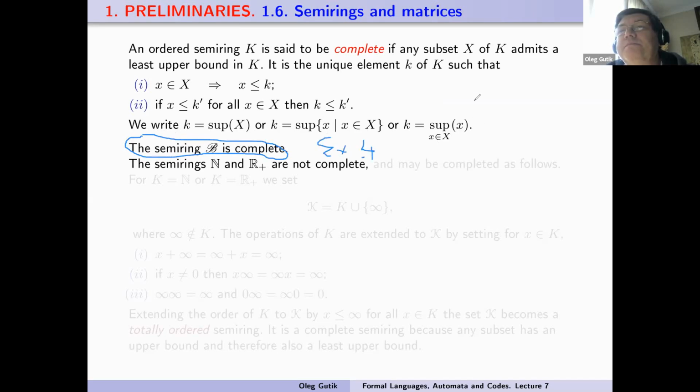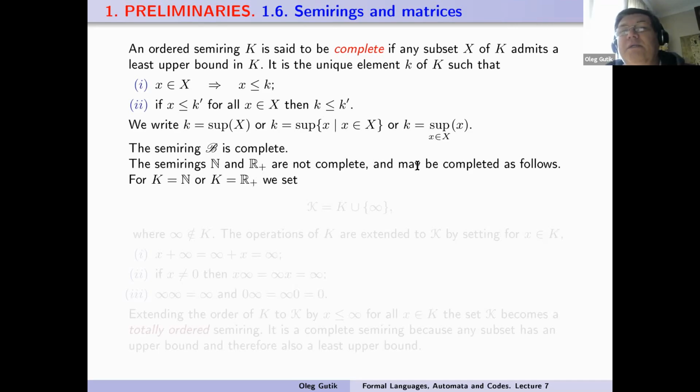Why are they not complete? Because there is no least upper bound for all subsets of N or R plus. But the semirings N and R plus may be completed in the following way.